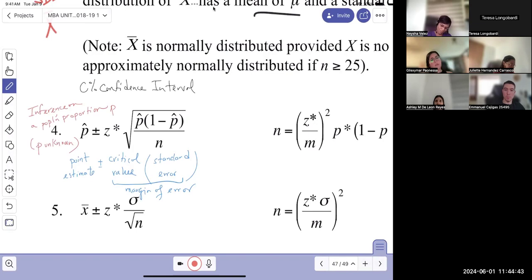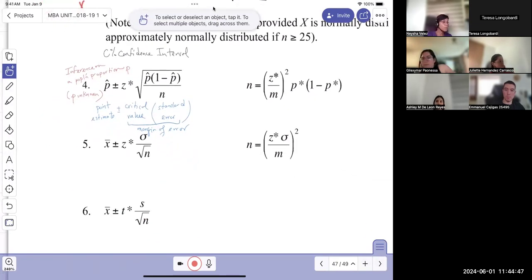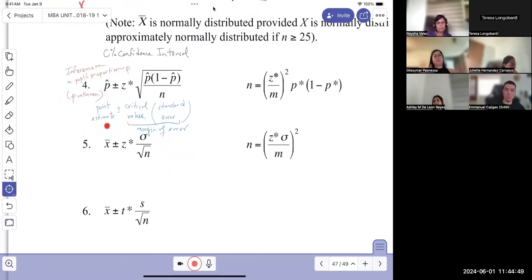All right, so this is the first row of inference, and notice there's a pattern here where I'm doing the same thing. These are all confidence intervals. This is for inference on the population proportion where p is unknown. This one is inference on a population mean where sigma is known, and this is inference on a population mean, sigma not known.